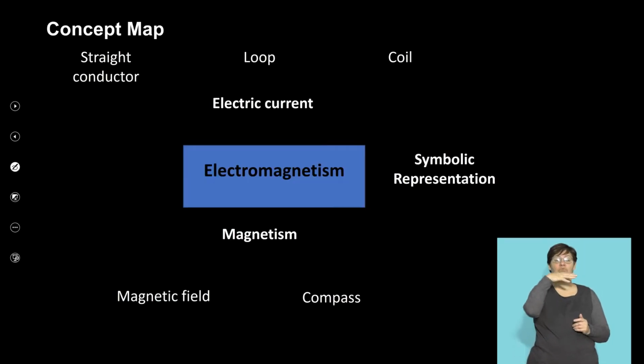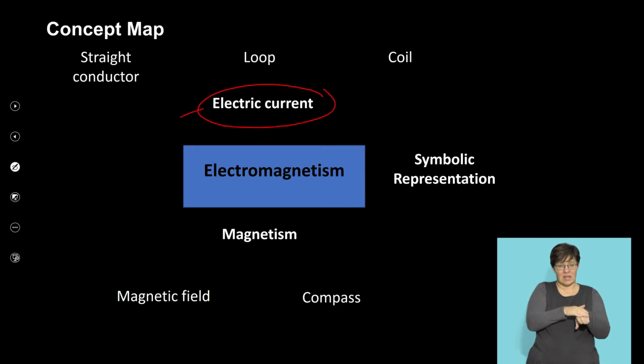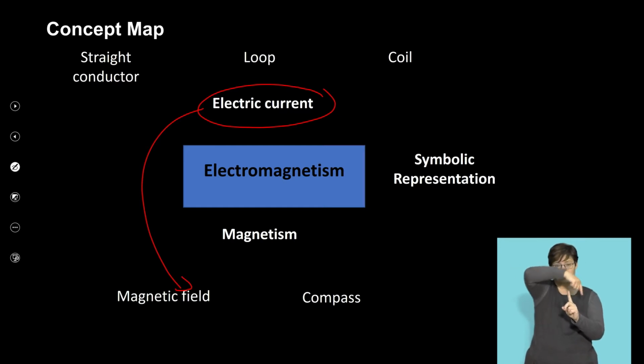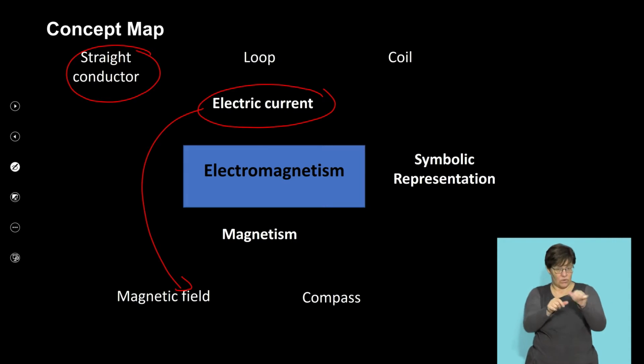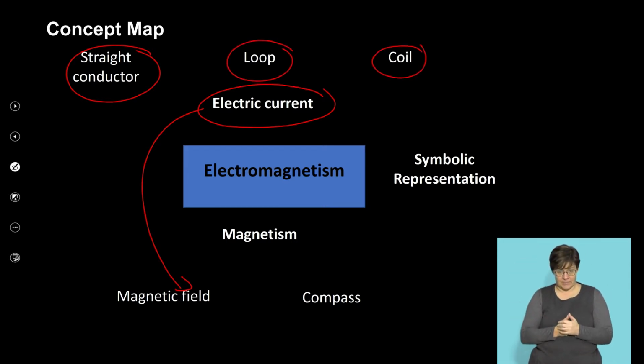If you remember, electromagnetism dealt with electric current being able to produce a magnetic field. And we recognized that could happen if there was a current passing through a straight conductor or a loop or a coil, a solenoid. We also represented current and the magnetic field in different ways.